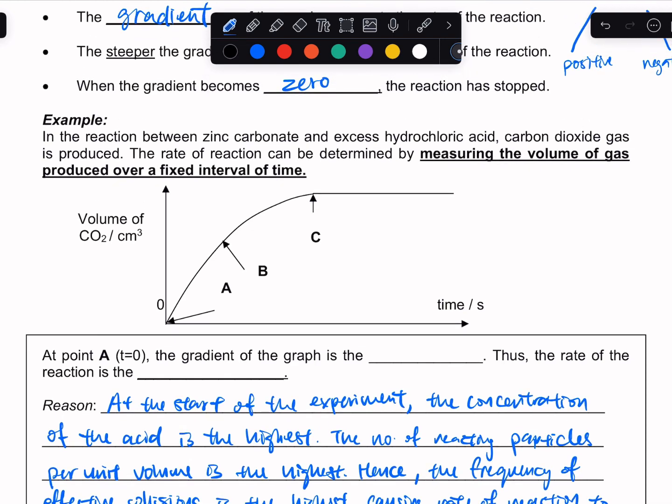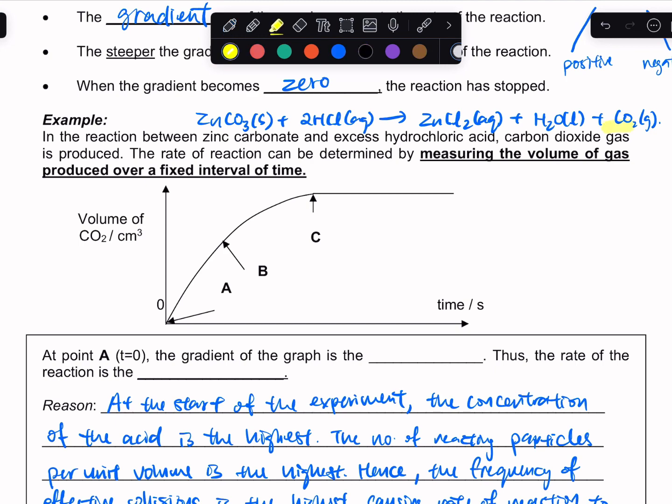If you look at this example, the reaction between zinc carbonate and excess hydrochloric acid, carbon dioxide gas is produced. So let me write down the equation. Zinc carbonate, insoluble, added to acid, aqueous, gives me zinc chloride, soluble, water, and carbon dioxide gas.